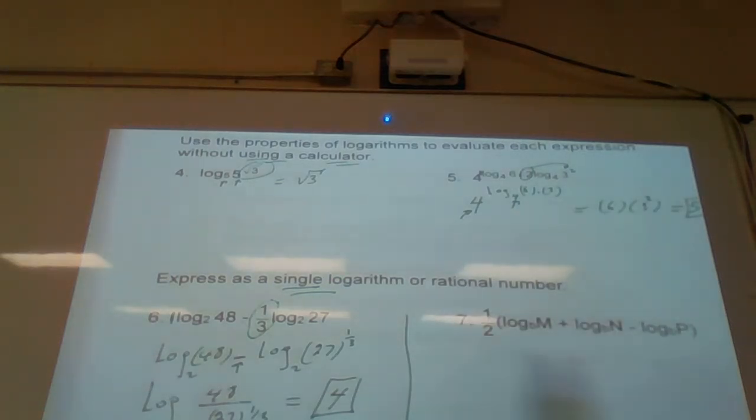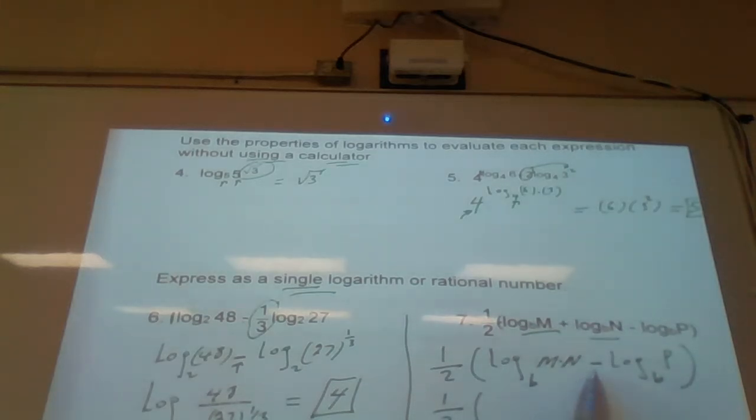Same thing over here. This half is outside the parentheses, so don't worry about it. Just leave it outside. Now I have the coefficient is 1, 1, 1, so that's good. Now I can do these two first. So that's log base b of m, addition goes into multiplication, minus log base b of p. Now I'm going to do one more time.